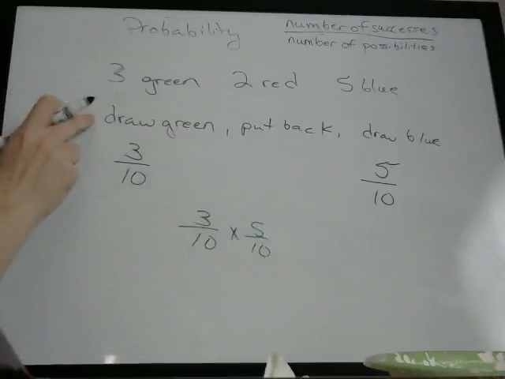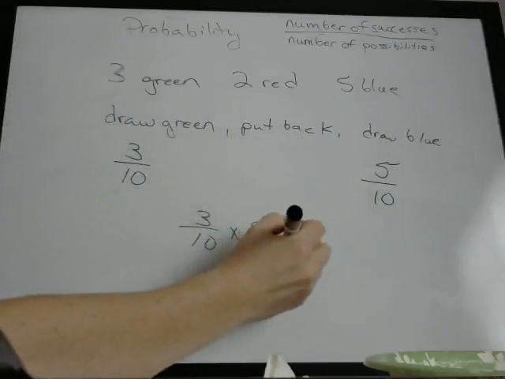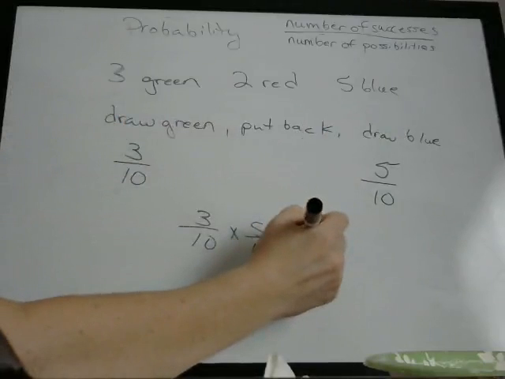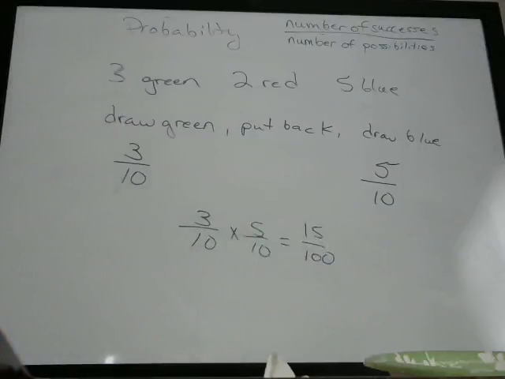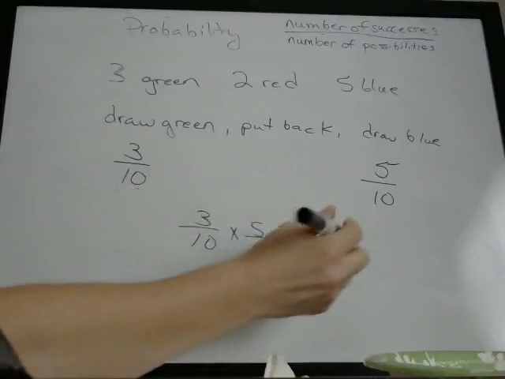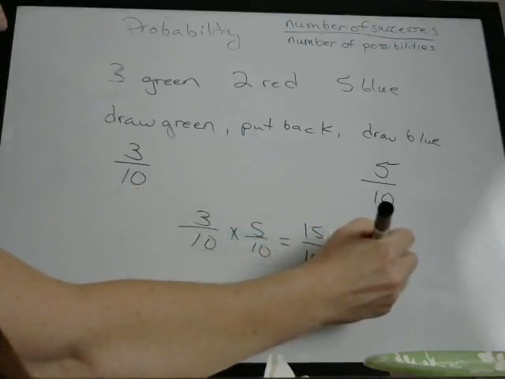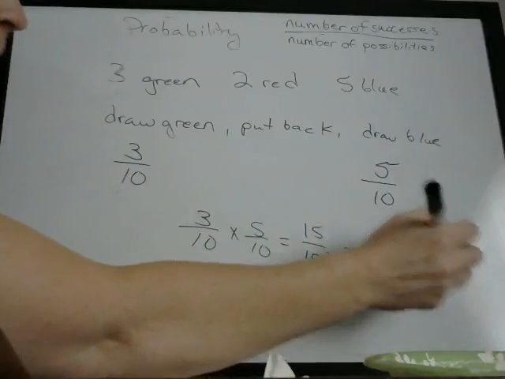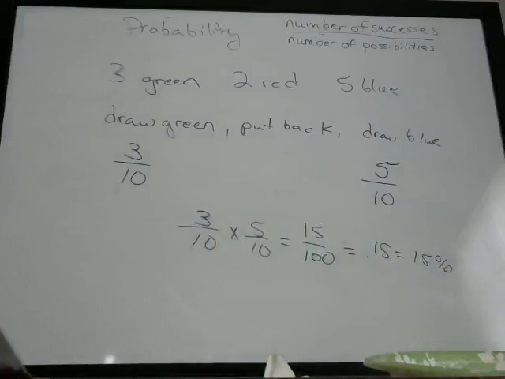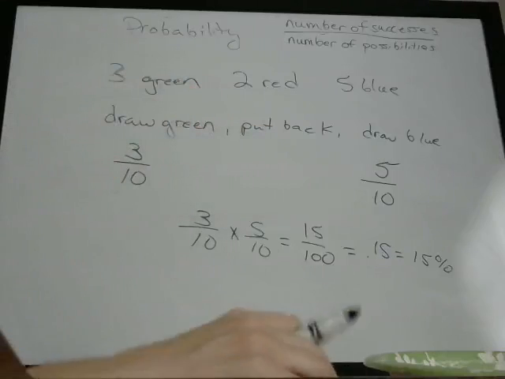So the probability that both of these things are going to happen is 3/10 times 5/10 equals 15/100 or 15%. So this is when we put the green back.